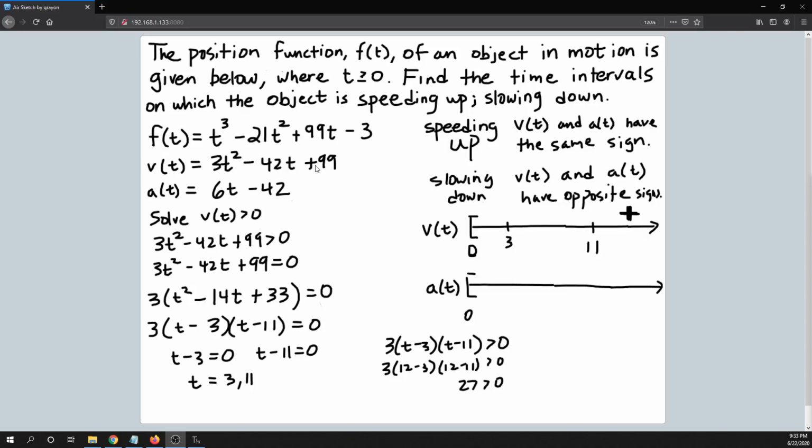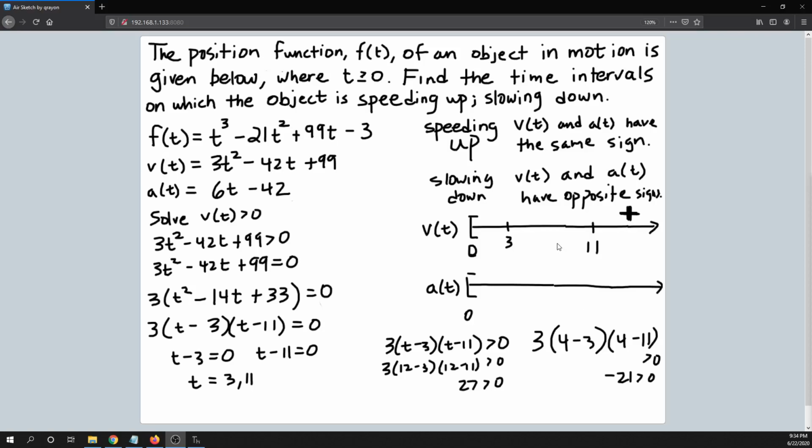All right. Next up, I am going to pick a 4 right in here and plug that in. So here I get negative 7 times 1 times 3 is negative 21.